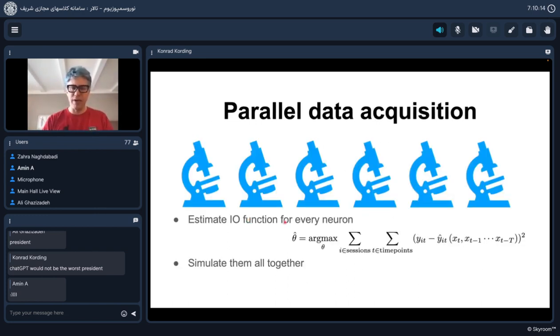We can estimate the I/O functions of every neuron, where we take the mistakes in our model fit and average them over time points, sessions, all the worms, all the stimulation, everything. That way, we should be able to learn good models of the input-output function of every neuron, and then put all the neurons together.